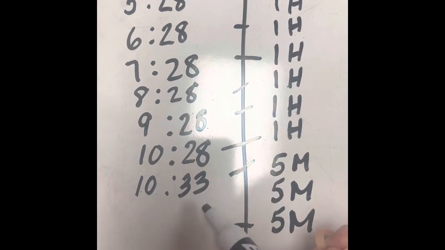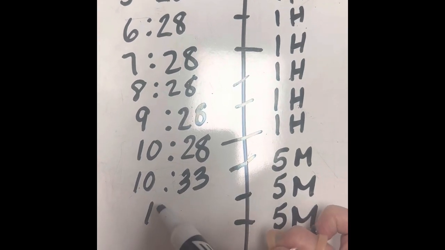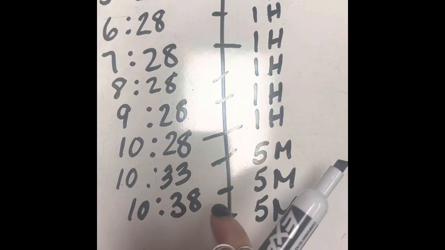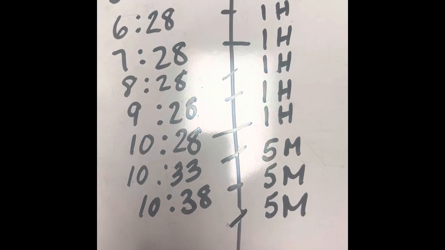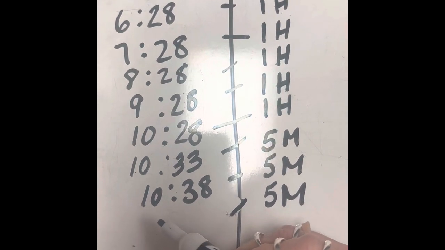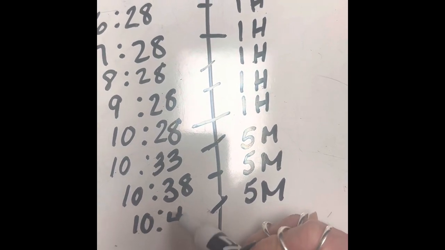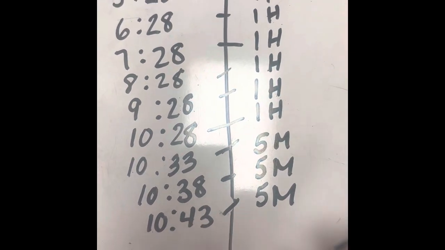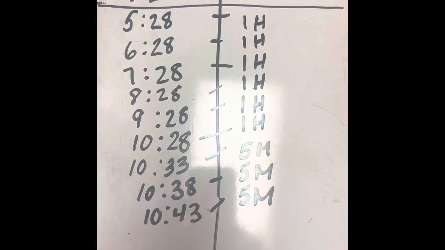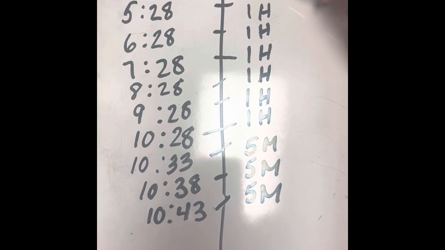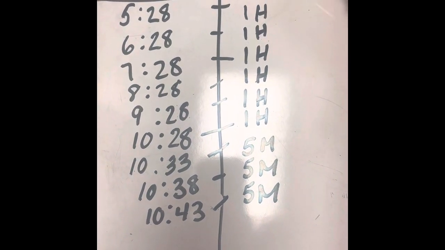So then I have to add 5 more. 10:38, and my line's not going to match. I got ahead of myself. And down here, 38 plus 5 more is going to give me 10:43. And this is how I teach elapsed time. This is the strategy that I use. So then my end time up here would be 10:43.